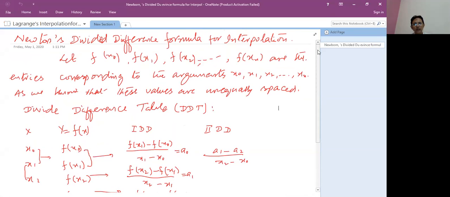Now let f of x naught, f of x1, f of x2 up to f of xn be the entries corresponding to the arguments x naught, x1, x2 and xn.